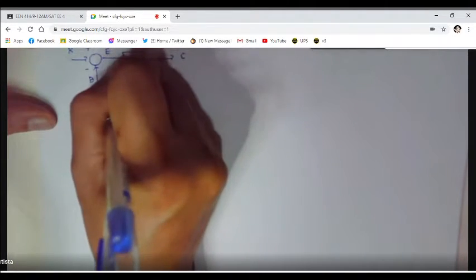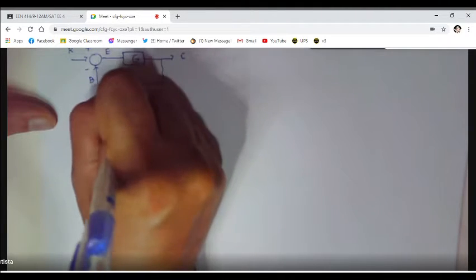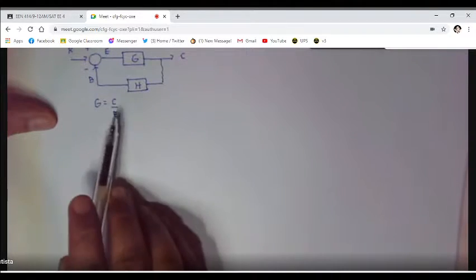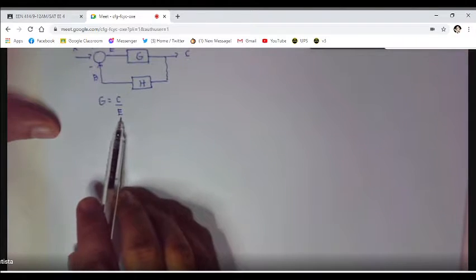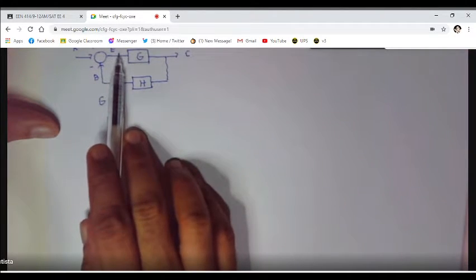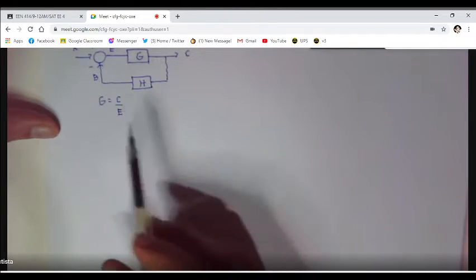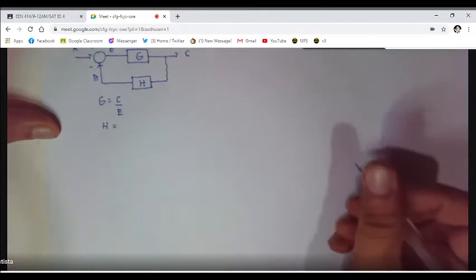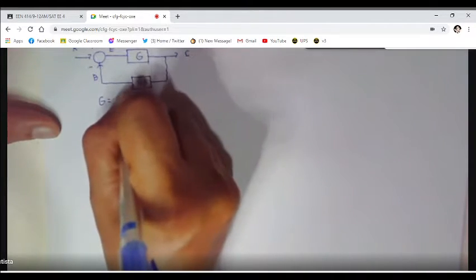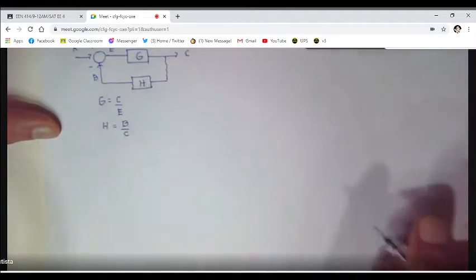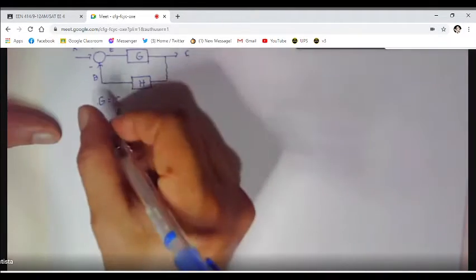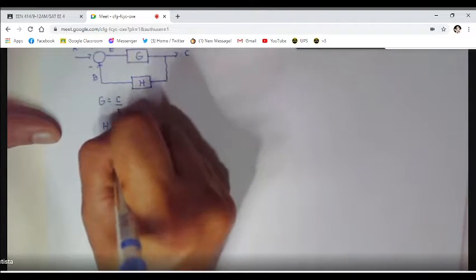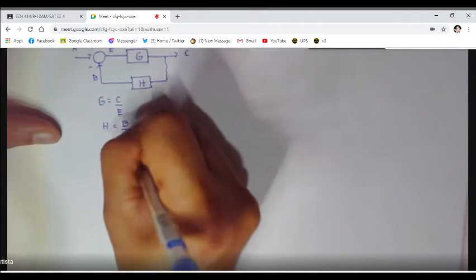So first we have G, that is equal to C over E. Okay? So that is output over the input. The input of G is E. The output is C. Output over the input. Okay, so you have H, that is B over C. Okay, and the error is represented as E, that is R minus B. Yeah?